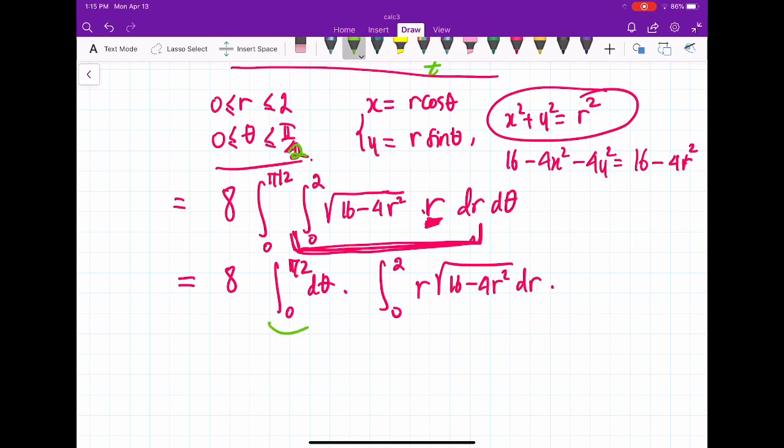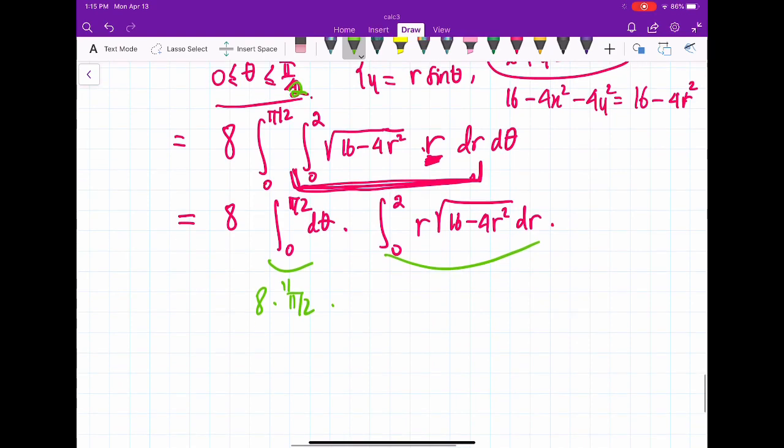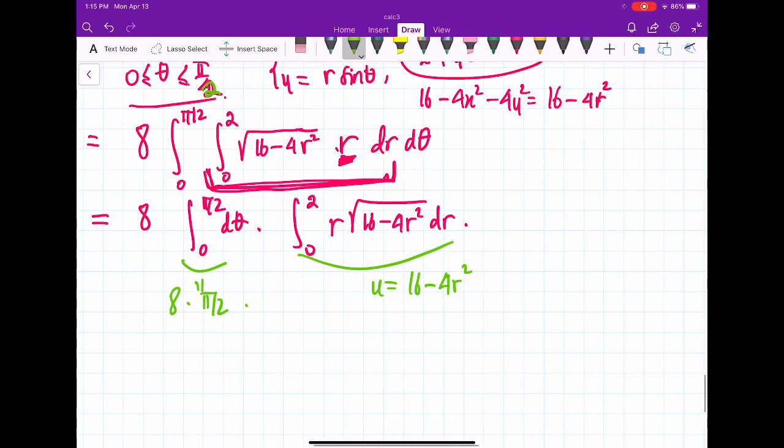The first integral is equal to pi over 2, which is good, times a. For the second integral, I have to put u equal to 16 minus 4r squared, right? And from here I get du is negative 8r dr. So r dr is equal to negative du over 8. Okay, because we have r dr right here.